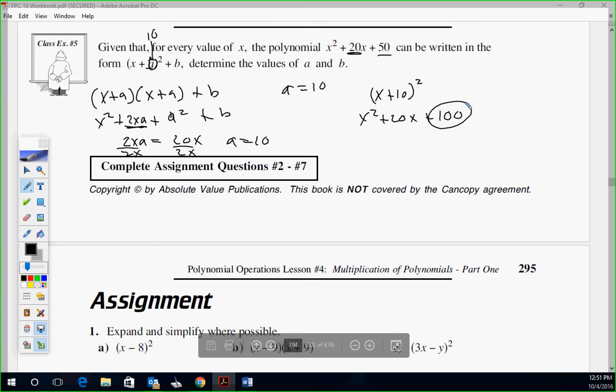So what do we have? We have 50. How do I get to 50 from 100? No, we're not dividing though. What's b have to be? 100 plus what is 50? Negative 50.